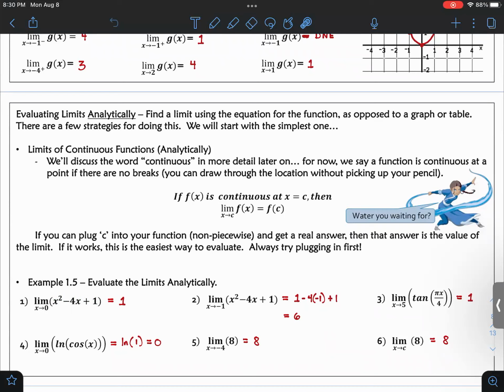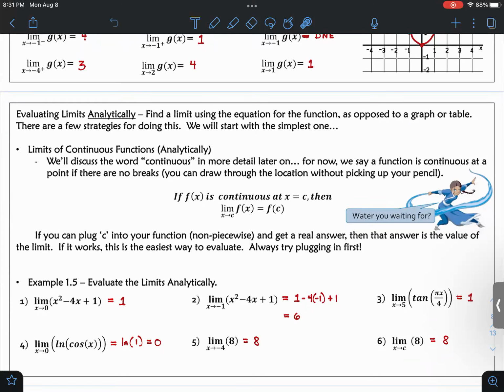There are a few different strategies for this depending on the conditions of the equation that you're dealing with. So for now, we're just going to start with the easiest case, and that's, of course, the case where we're dealing with continuous functions, or at least functions that are continuous at the x value that we're interested in.